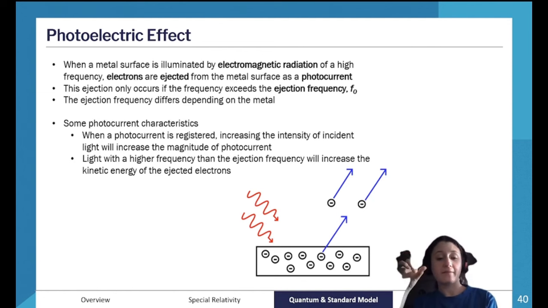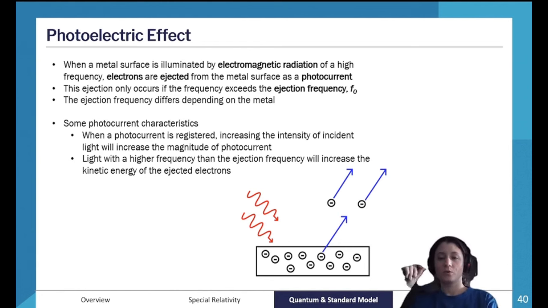But it doesn't have a high enough frequency, and so no electrons come out of the metal. Alright? In other words, before you've reached your threshold frequency, or the ejection frequency, it doesn't matter how bright the light is, no electrons will come out.